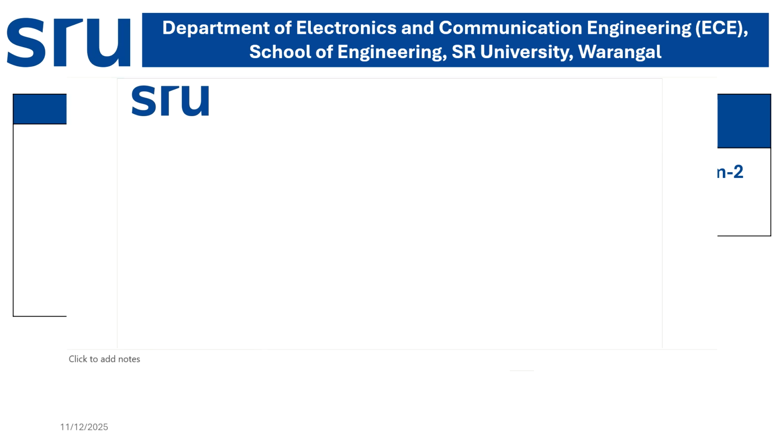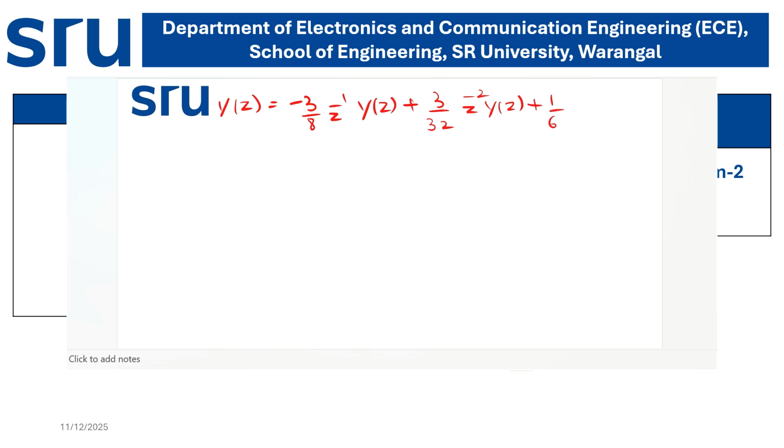After substituting the above expressions, y of z is equal to minus 3 by 8 z power minus 1 into y of z plus 3 by 32 z power minus 2 into y of z plus 1 by 64 z power minus 3 into y of z.